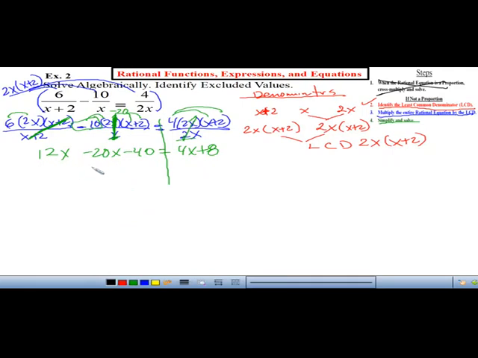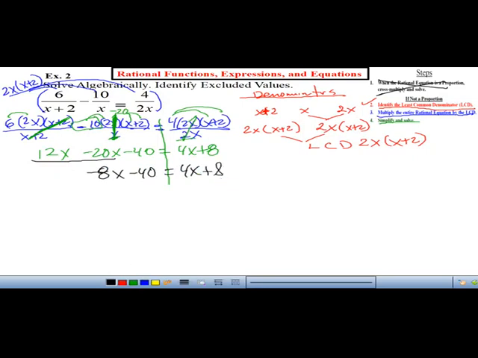No. Look at it. Oh, is it factor? No, look at it. We have 12x minus 20x. Oh, okay, yeah, you can just combine. So that leaves us with negative 8x minus 40 equals 4x plus 8.